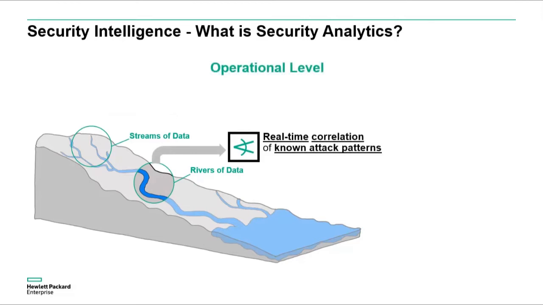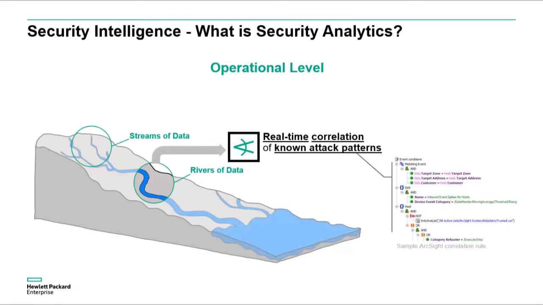So, the event data flows downstream and is aggregated into rivers of enterprise log and security data. And here's where we can apply real-time correlation of known attack patterns. In other words, if we know what we are searching for and what chain of events and dependencies must be given in order for it to be an anomaly or an attack pattern, we can put that into deterministic rules, load them into memory and apply them all at once to the data flow to get real-time alerts.